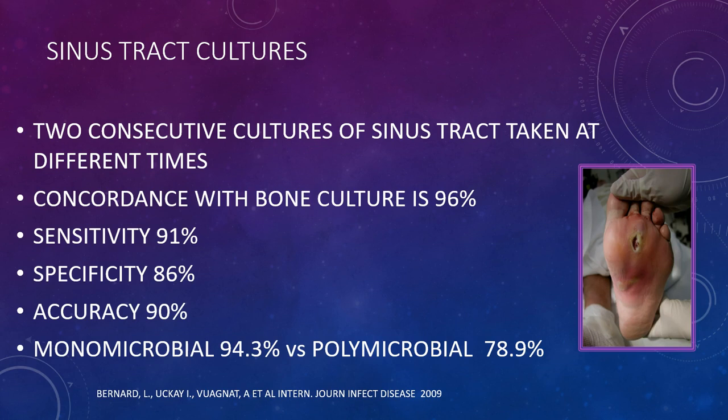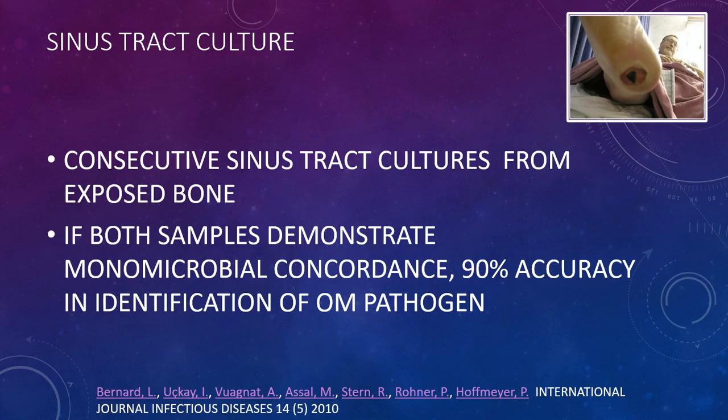The concordance with the 2 sinus tract cultures was 96% with a sensitivity of 91% and a specificity of 86%, and it was felt that if culturing through a sinus tract revealed the same organisms, particularly Staphylococcus, and when those results were monomicrobial rather than polymicrobial, that the appropriate determination of the infecting organism and use of antibiotics could be determined in 94% of patients.